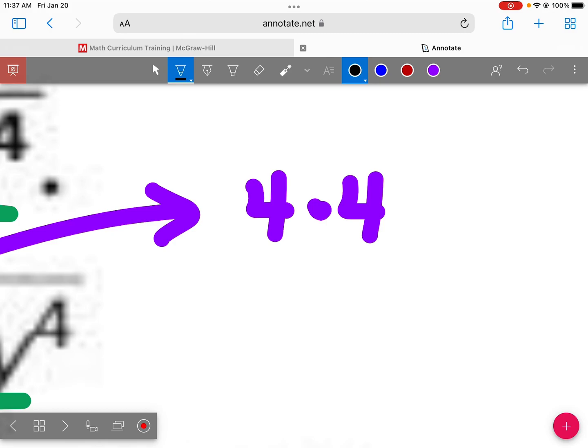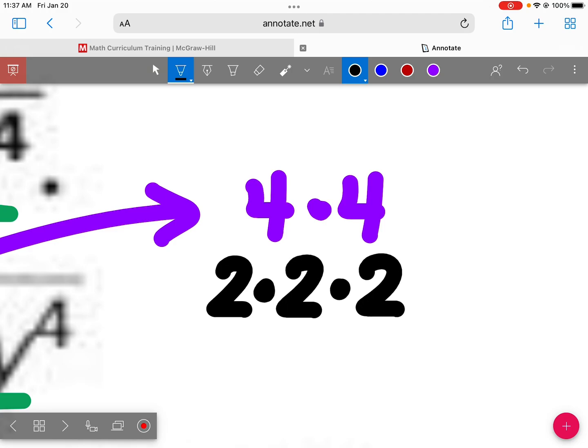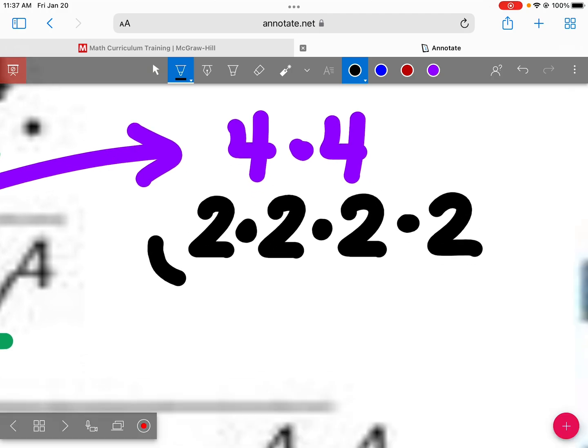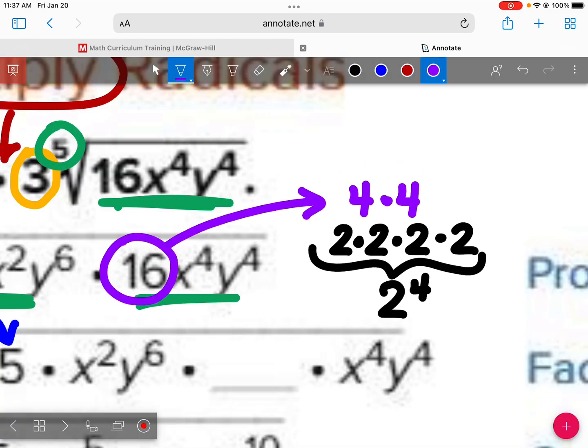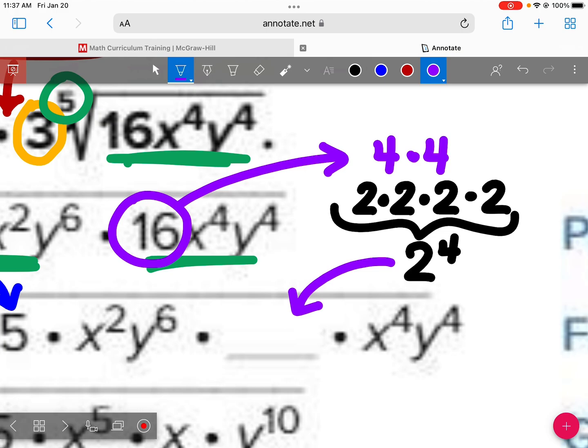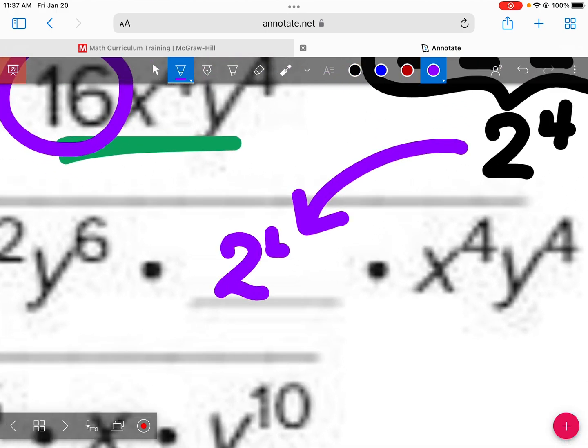Can I break it down more, though, before I talk about 4 squared? Yes, 2 times 2 times 2 times 2. You're absolutely correct. That would be 2 to the 4th. That's what I'm going to put right here. 2 to the 4th power. So I have 2 to the 4th, x to the 4th, y to the 4th.